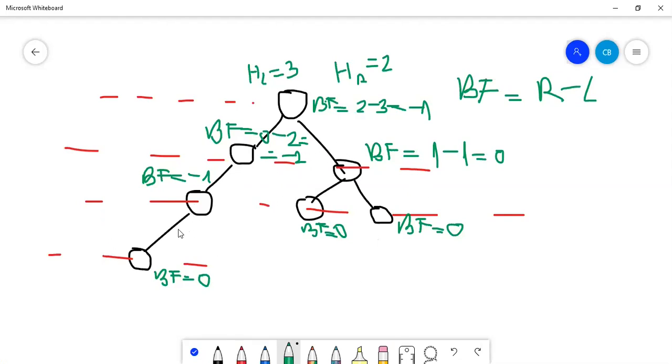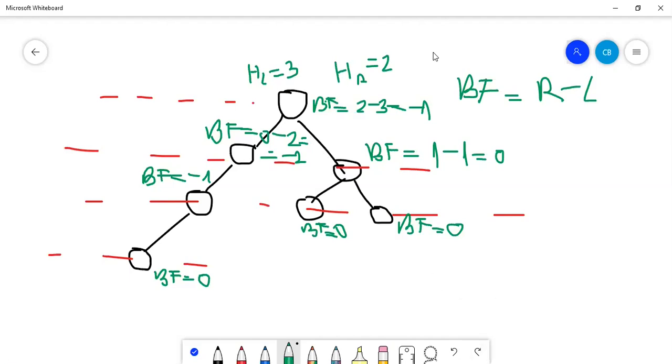It's the maximum between these two heights, left or right side. And here you will have 3 as a response, and here you have only 2. So the height will be the maximum between 3 and 2, so in that case, it's 3 plus 1 is 4.